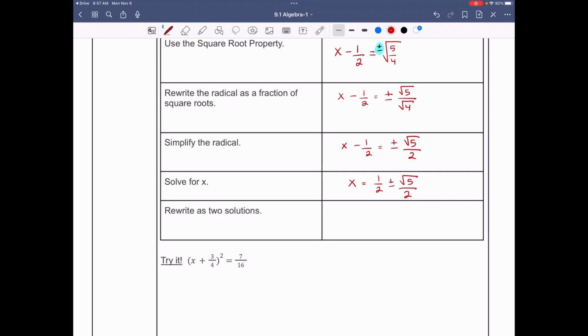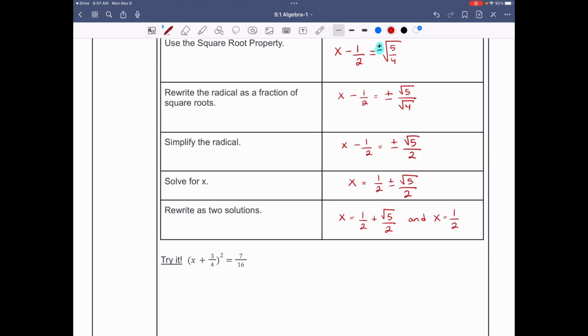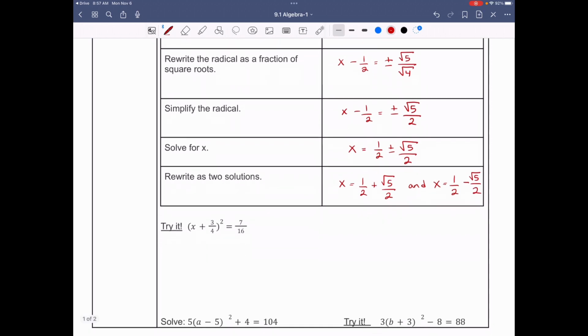Then it says to rewrite these as two solutions. So x equals 1/2 plus the square root of 5 over 2, and x is equal to 1/2 minus the square root of 5 over 2. You could write that as a single fraction if you would like, since there's a common denominator, but we'll just leave it like that.